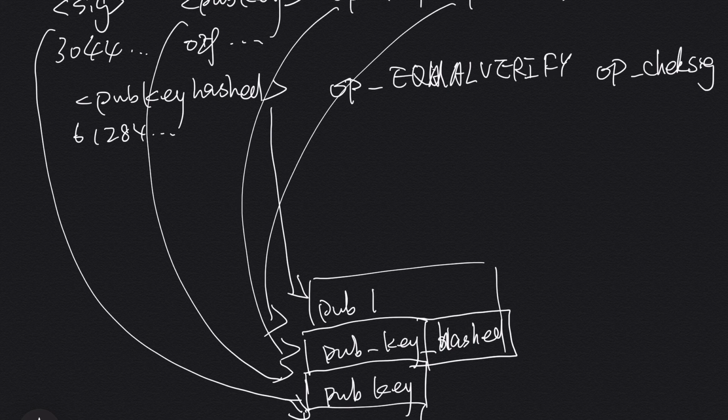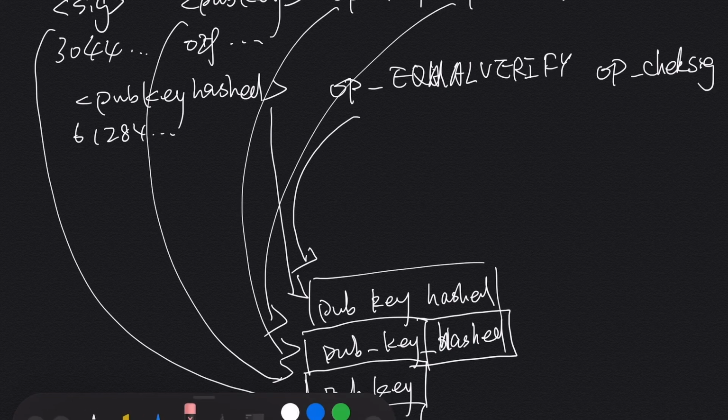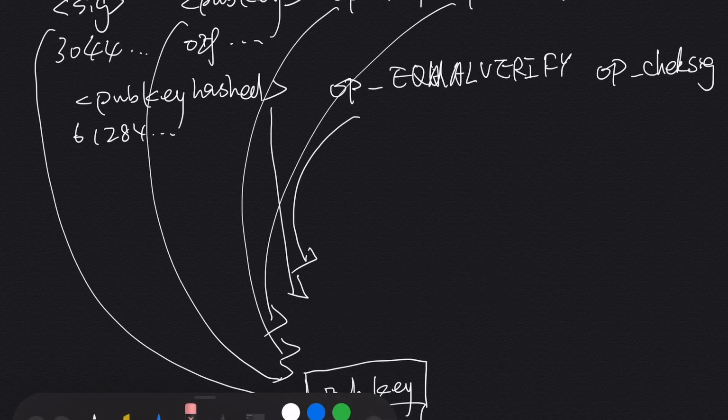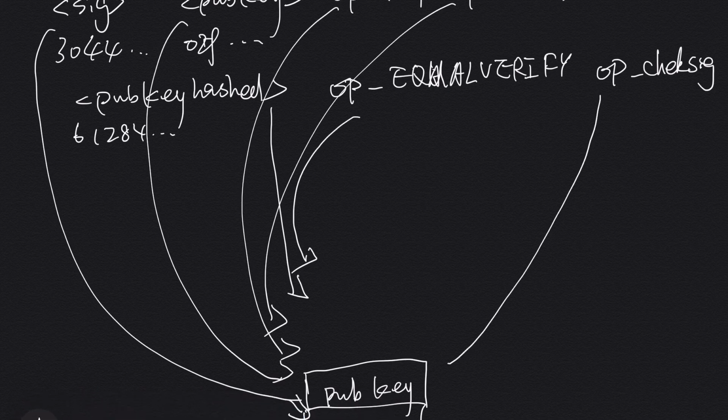So we just put the data here, and then the operation to verify. What verify does is get those two values from the top of the stack and check if they're equal. So this is the equal verification. If it runs successfully, it will remove those two public keys from the stack, having verified they're the same. And at last is the signature check.